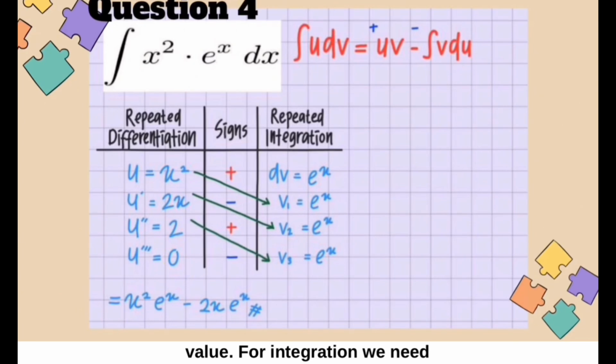For integration, we integrate the dv function until the u value gets 0, and then it stops here. Then just insert the values back and we will get the final answer.